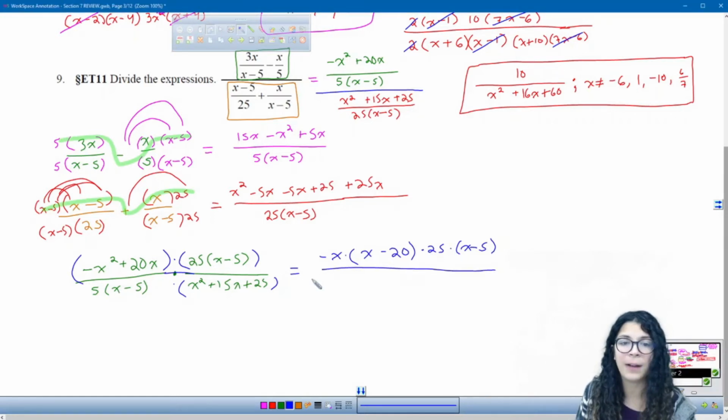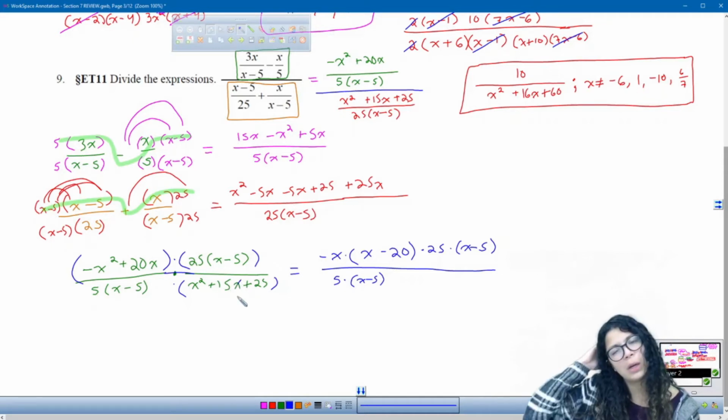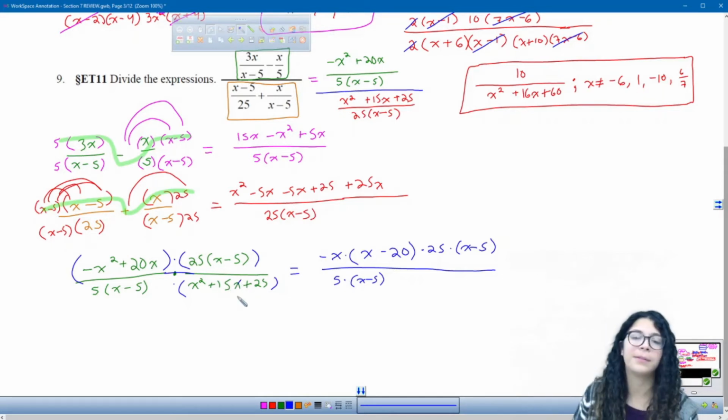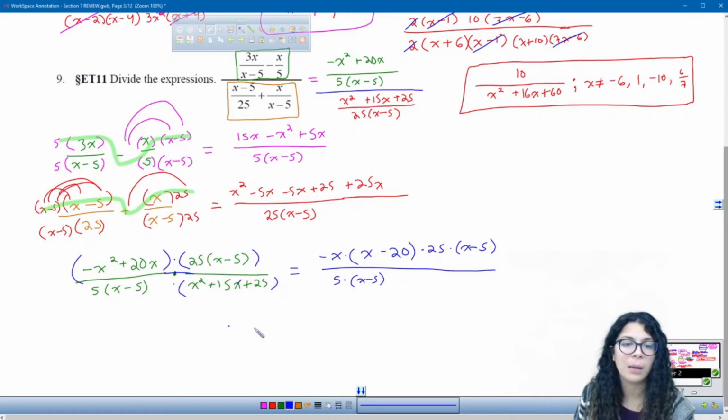In the denominator, 5 and x minus 5 on the left side is already factored. I just need to factor this trinomial. So x squared plus 15x plus 25 would factor into, multiplies to 25, adds to 15.